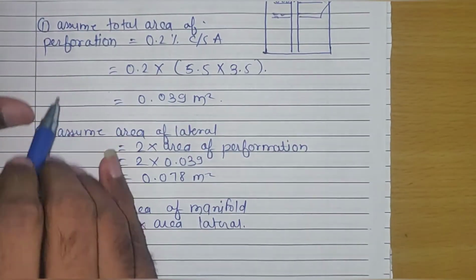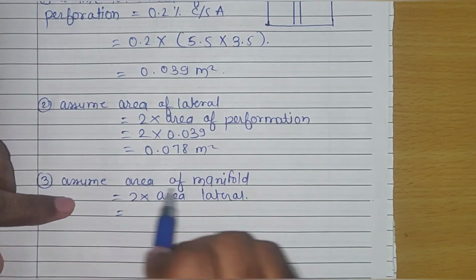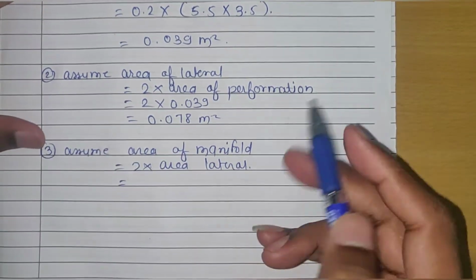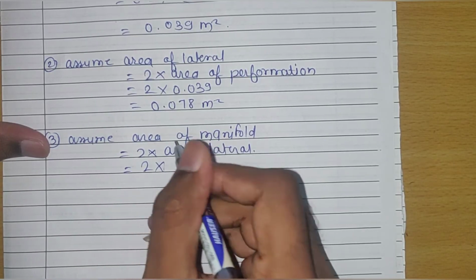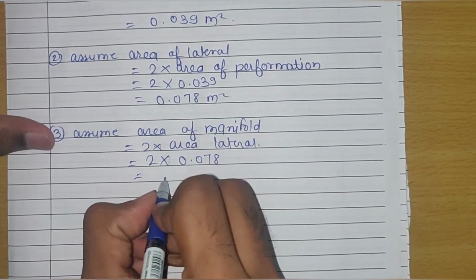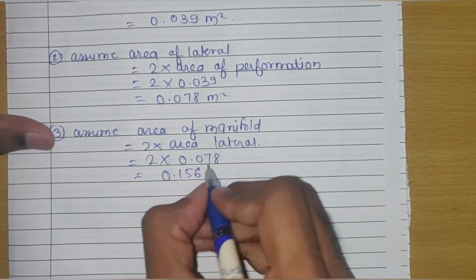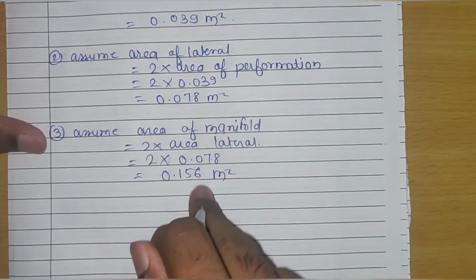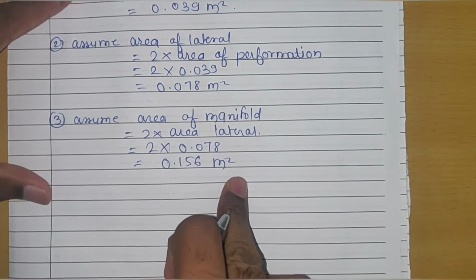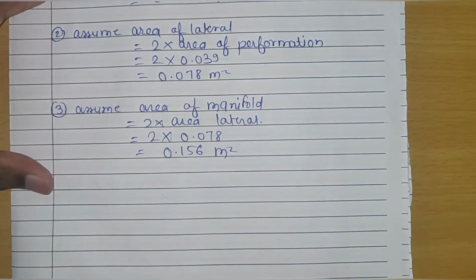That's why the area of laterals is twice the area of perforation, and the area of manifold is twice the area of lateral. So twice 0.078 gives 0.156 meter square. The area of manifold is 0.156 meter square. This is the cross sectional area of the manifold.